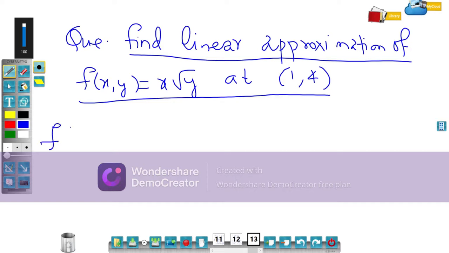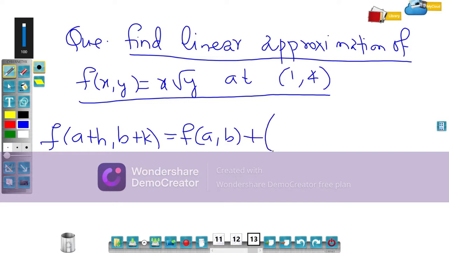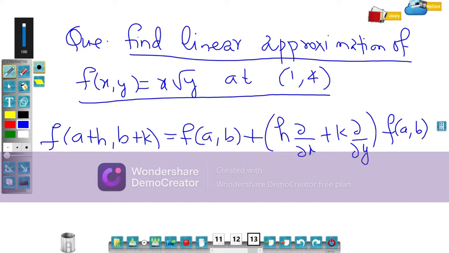So I know that f(a+h, b+k) is equal to f at (a, b) plus h ∂/∂x plus k ∂/∂y, f evaluated at (a, b). Since it is a linear polynomial, we will go up to degree 1 only, we will not go above that. Now what is a, what is b, what is h, what is k, that is to be understood here first. So here (a, b) is basically (1, 4).